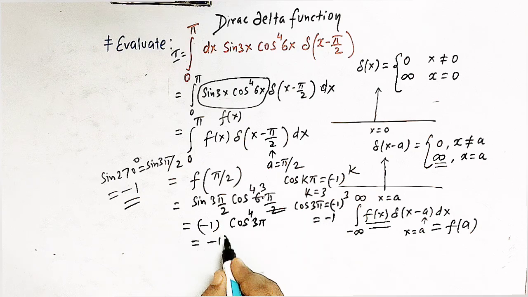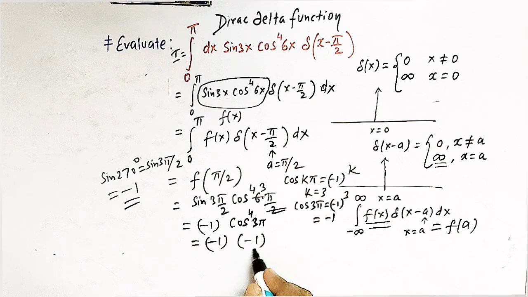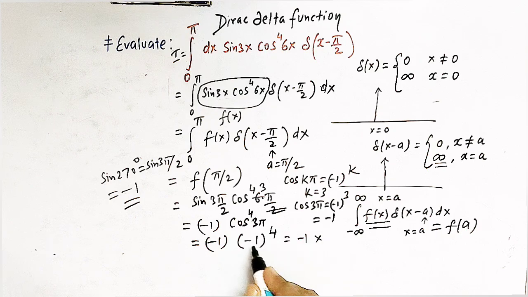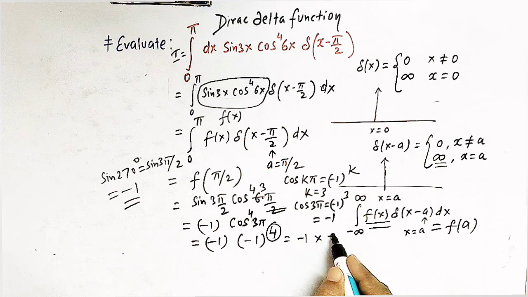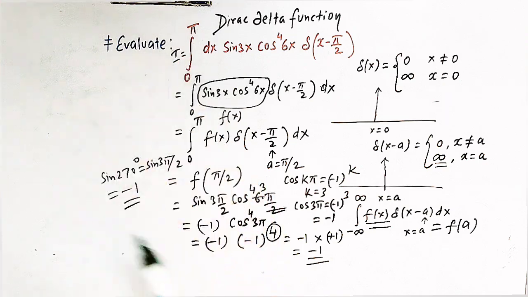So we have minus 1, and cos 3 pi is minus 1, so we have minus 1 raised to 4. Minus 1 raised to an even number gives us plus 1. So this is minus 1. So the value of this integral is equal to minus 1.